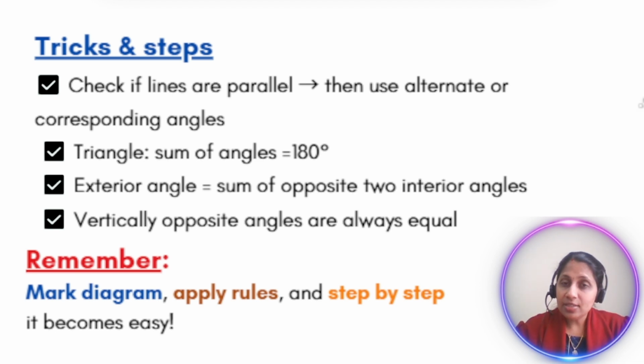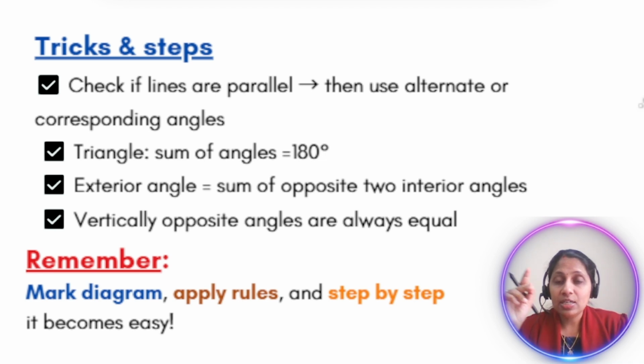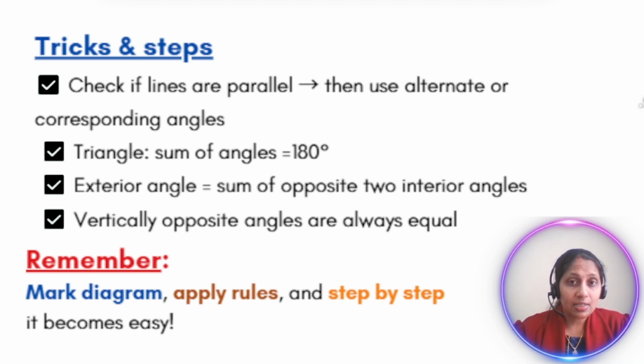First, if the lines are parallel, use the alternate angle, corresponding angle or co-interior angle concept. When coming to triangle, sum of the angles is equal to 180 degree, which is the interior angle sum property. Exterior angle property is nothing but the exterior angle will be equal to the sum of the two interior opposite angles. Vertically opposite angles are always equal.